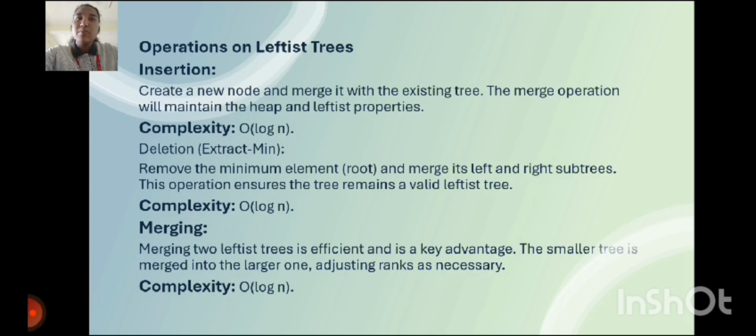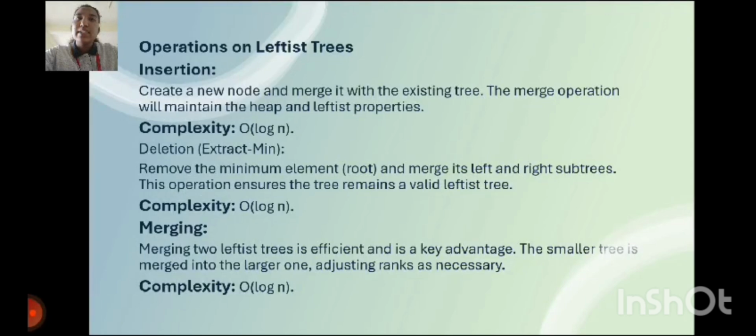There are many operations in leftist trees like insertion, deletion, merging. Insertion. Create a new node and merge it with the existing tree. The merge operation will maintain the heap and leftist properties. Complexity O of log n.